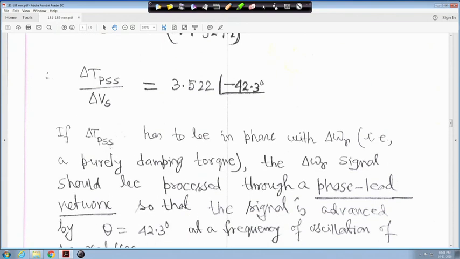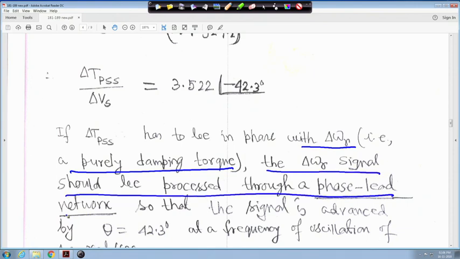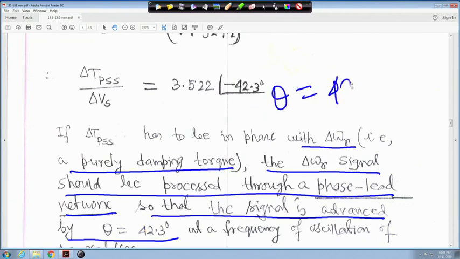So, if delta T PSS has to be in phase with delta omega r, that is a purely damping torque, then the delta omega r signal should be processed through a phase lead network, so that the signal is advanced by theta is equal to 42.3 degree, at a frequency of oscillation of whatever we have taken.